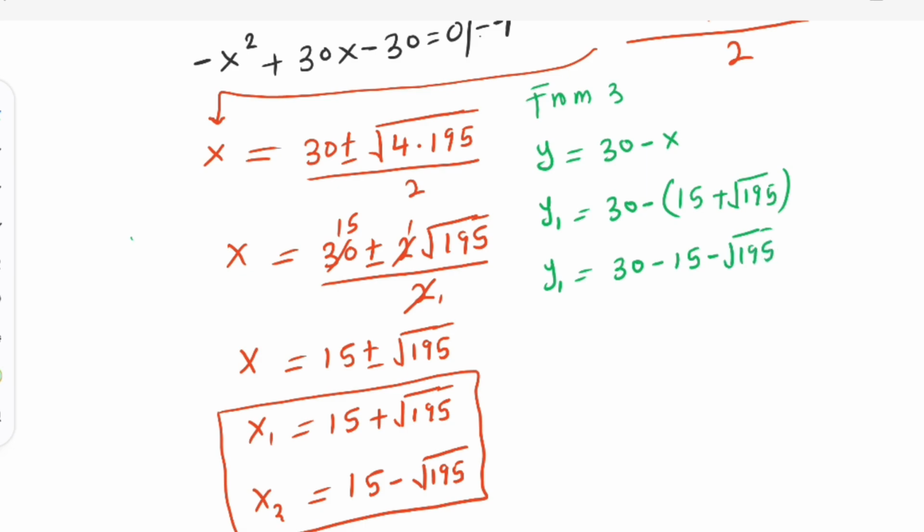If we open the bracket with this negative 1, then y1 is equal to 30 minus 15, this is 15 minus square root of 195.